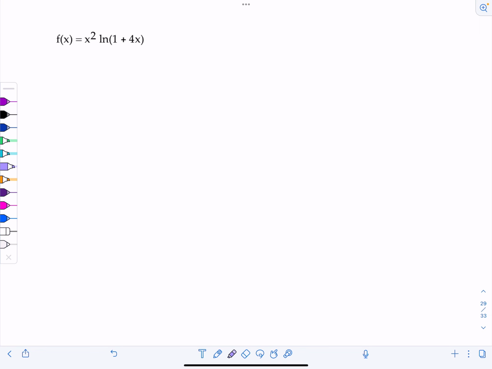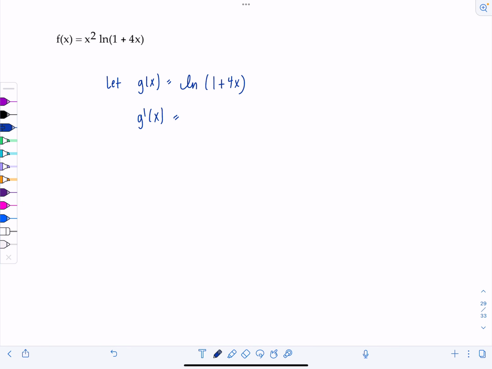So, here we go. First things first, I'm going to say let g of x equal ln of 1 plus 4x. G prime of x, please take the derivative. Anytime you have an ln, you need to take a derivative.